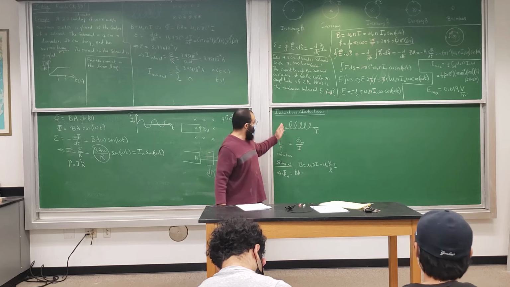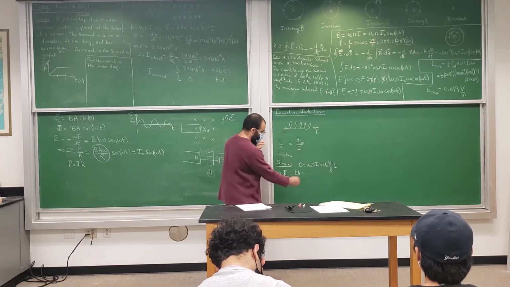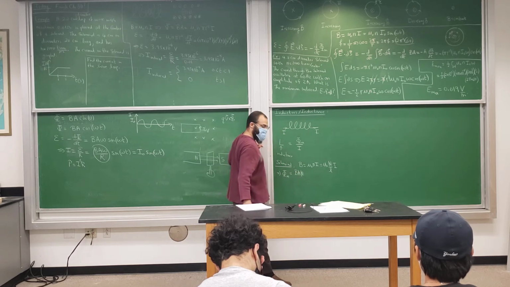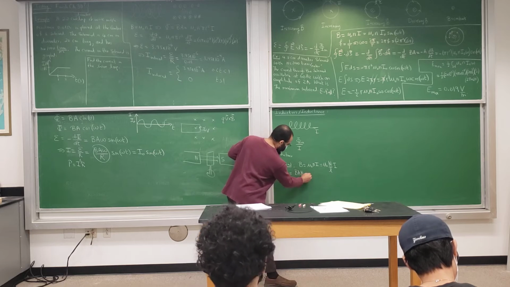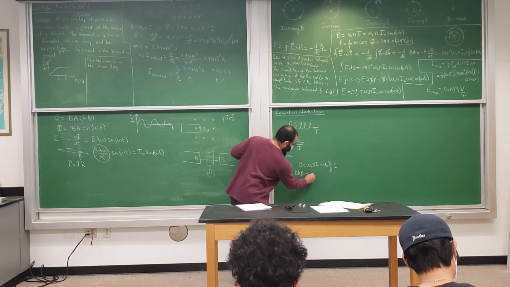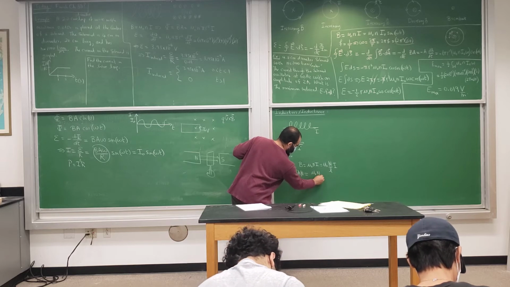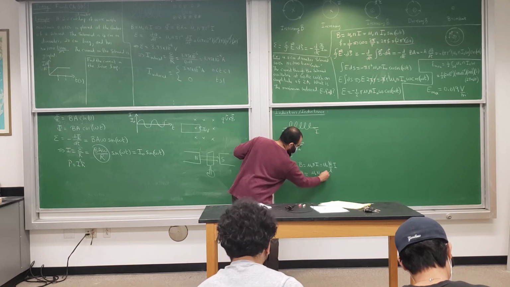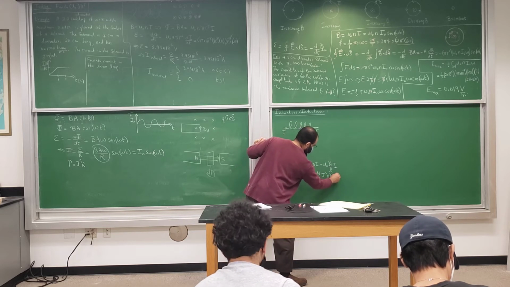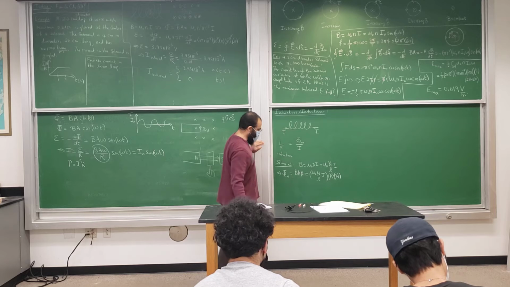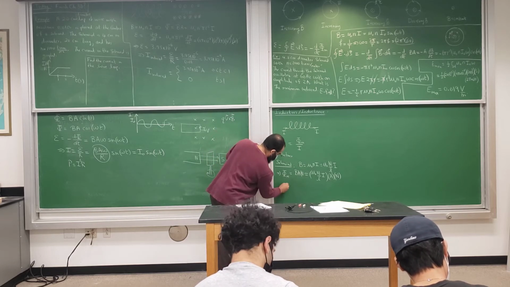But what if I want to include every loop? So what's the total flux? Times the number of loops. Bang. Okay, that wasn't planned. So B would be mu naught, capital N, over L, times I. That's the B part, right? The area is the area, and then there is N. N comes from the number of loops. So you got the magnetic flux.